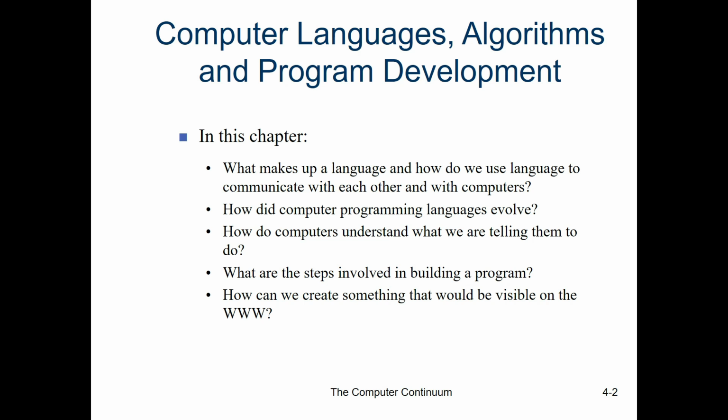What are the steps involved in building a program, and how can we create something that would be visible on the WWW, which is the World Wide Web? How can we create something which will be visible on the internet? As simple as that. It's referring to web applications, or simply websites. So we'll understand these things here.